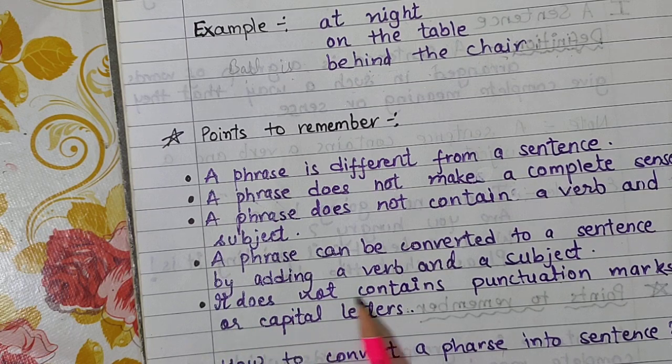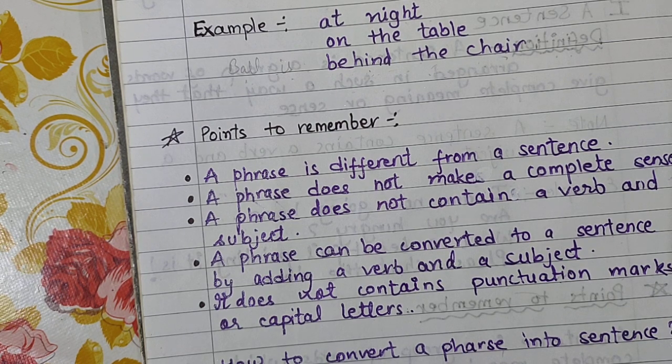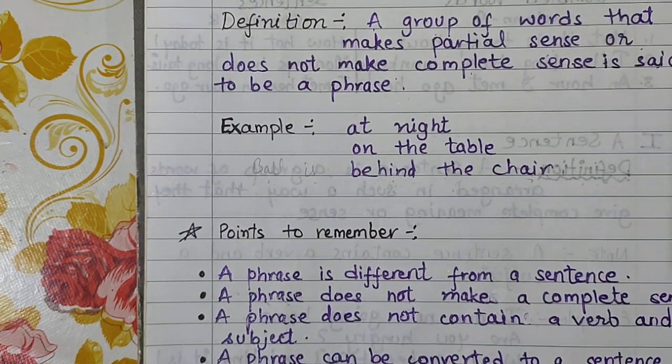Next is, it does not contain punctuation marks or capital letters. Like you add punctuation mark and you start the sentence in capital letter. The phrase is just opposite to it. The phrase will not contain any punctuation mark and it will neither start with capital letter. It will always start with small letter, as you can see in the example.